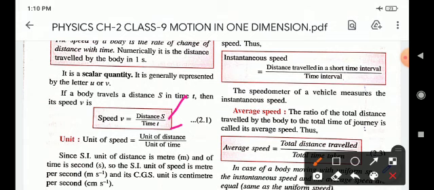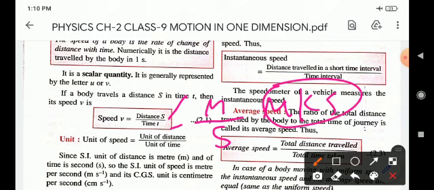The unit is meter per second, which is the unit in the MKS system, and in the CGS system it is centimeter per second.